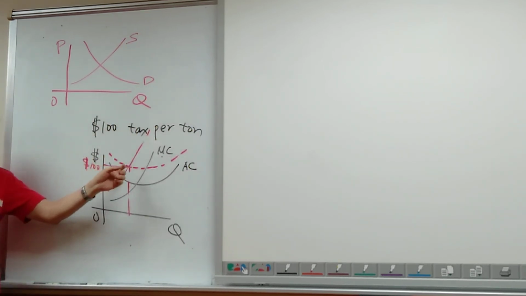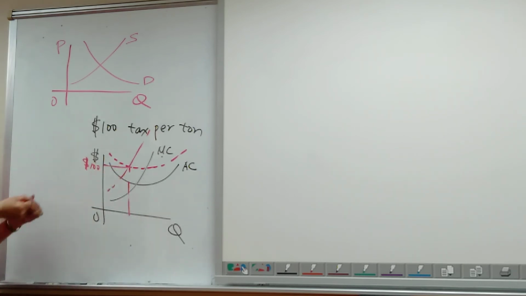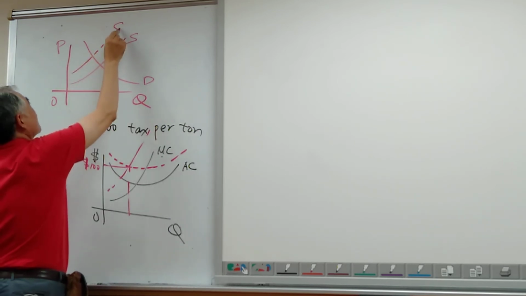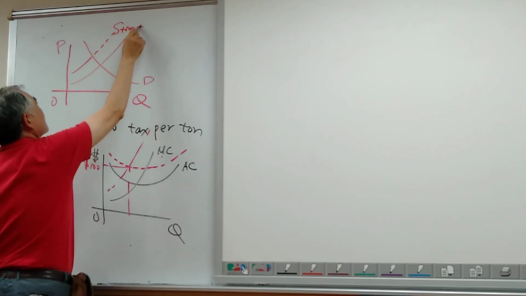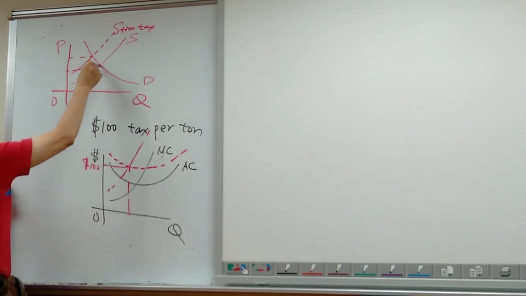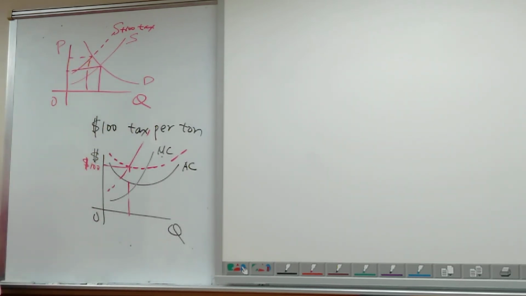Because of the increase in tax, you get this one as supply plus $100 tax. So what will happen?